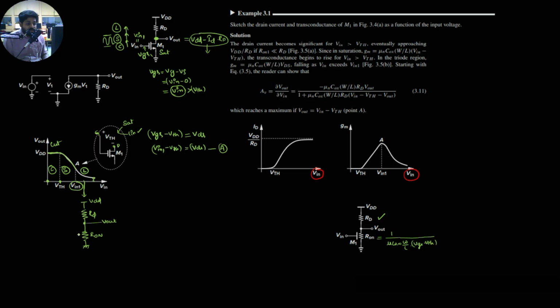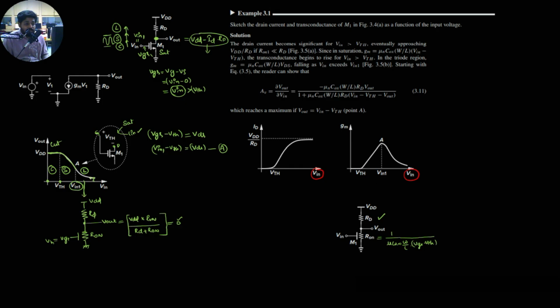This is my transistor where you apply the gate voltage VGS, also considered as V input. So now V output will be VDD times R on by R on plus RD, as per the voltage divider rule.